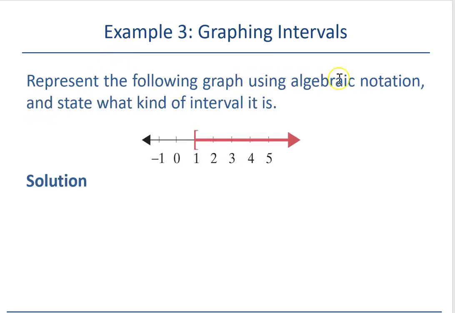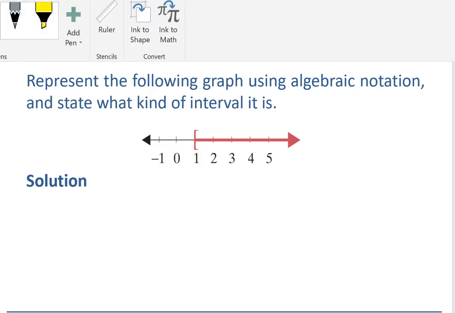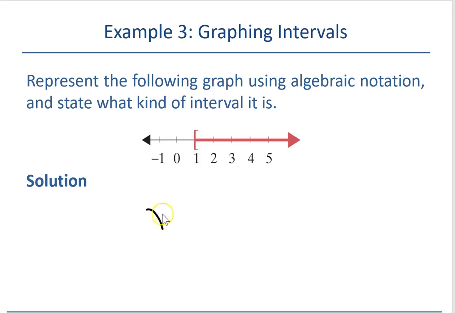Represent the following graph using algebraic notation to state what kind of interval it is. Looking at this, notice that we have a bracket here. That means we can include 1. Thinking in terms of x, what can x be? Notice it's going in the positive infinity direction.